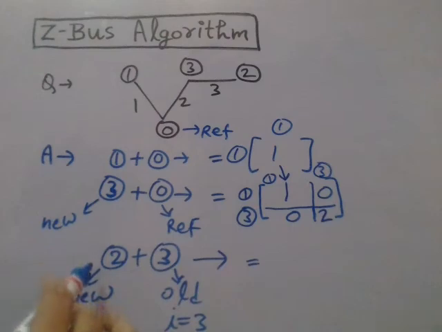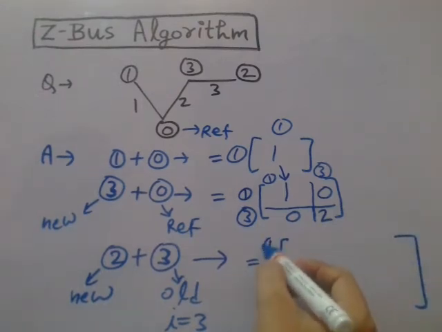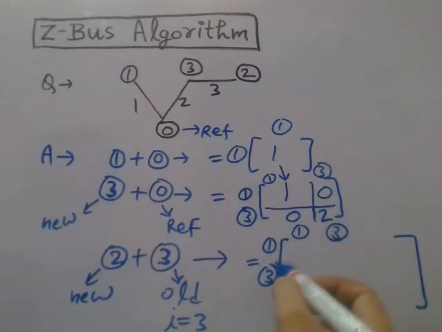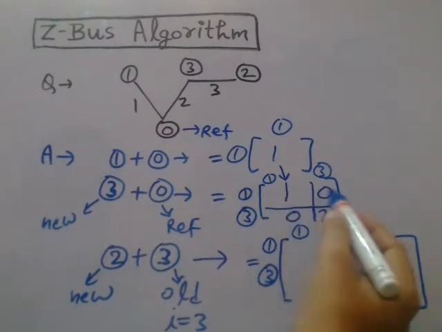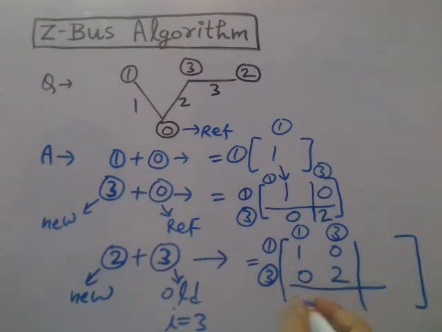so I'm adding a new element with an old element, new plus old. So basically the matrix will be like this. Earlier it was 1 and 3, 1 and 3. You copy the earlier matrix, that is 1 0 0 2, right? And now in the last column and last row element, you simply have to transfer the elements. This is the first rule that I told you.